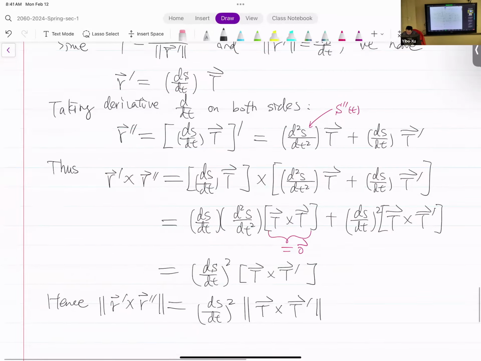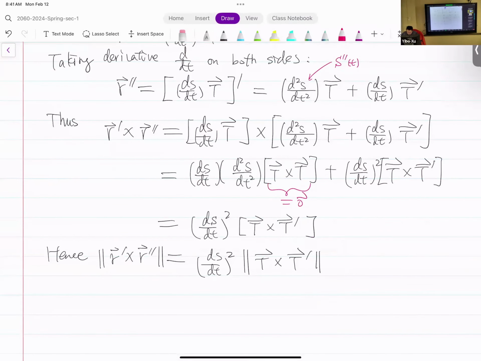This is actually not difficult. By definition, the magnitude of the cross is the magnitude of the first vector multiplying by the magnitude of the second vector multiplying by the sine of the angle between the vectors, right? And what do you know about the angle between these two vectors? It's 90 degrees, exactly. So this is sine of pi over 2.